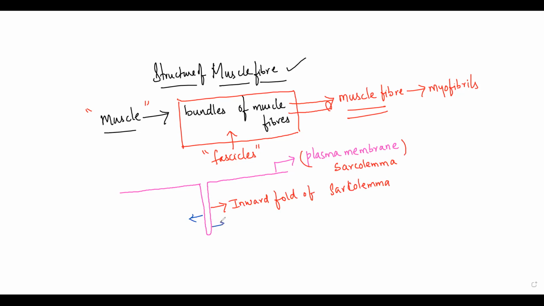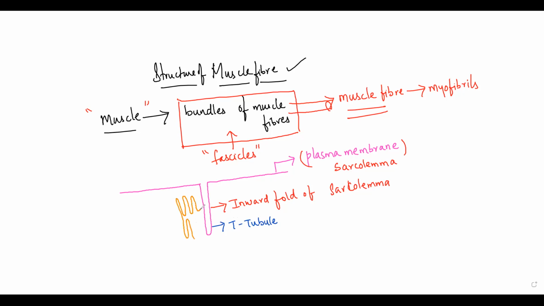This is called the T tubule, a transverse tubule. The next thing that we can see is that on either side of these T tubules, we are going to have the endoplasmic reticulum of these cells.